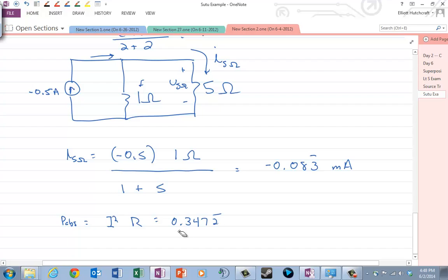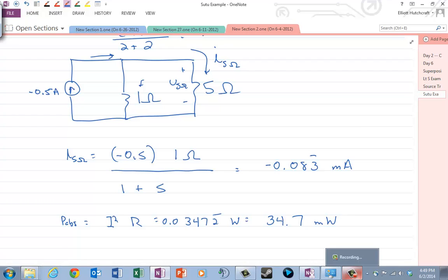Oops, excuse me, 0.03472 with a bar over it. So 34.7 milliwatts.